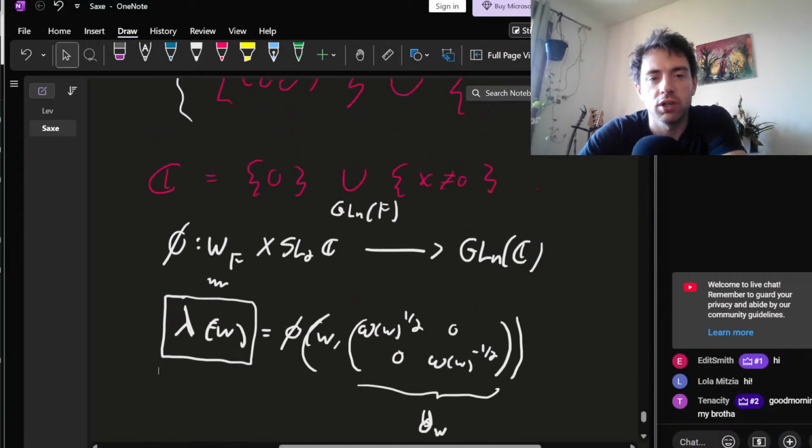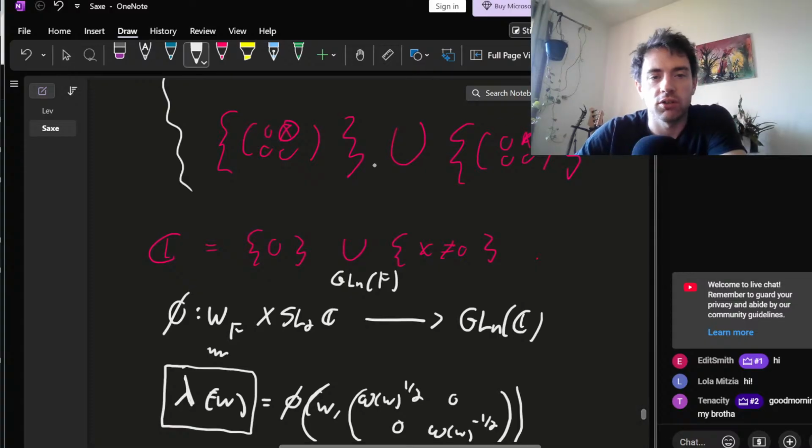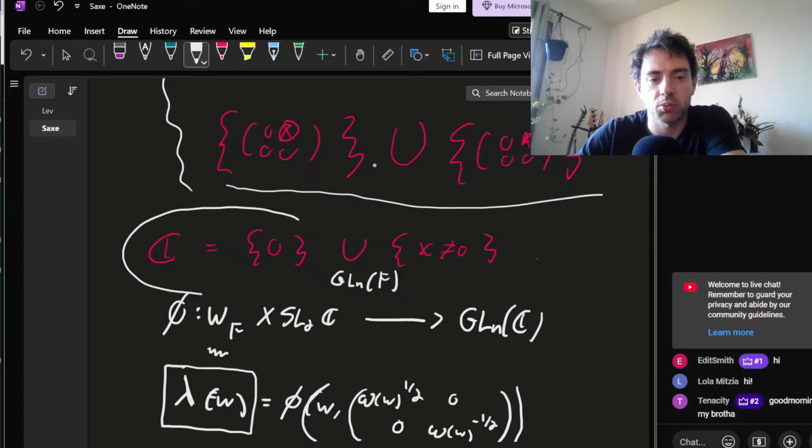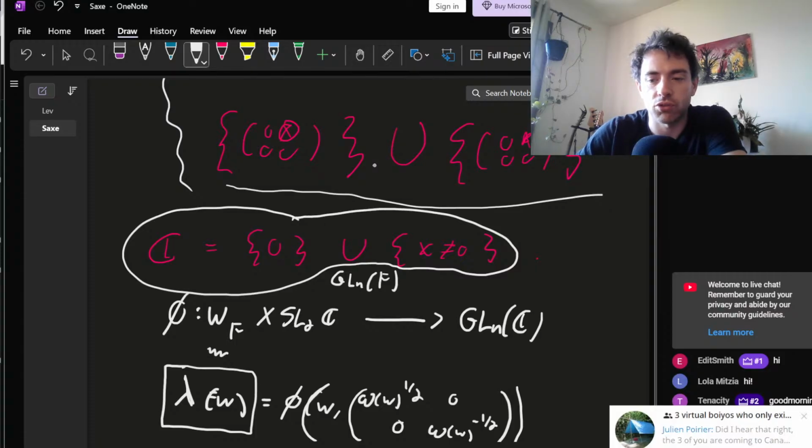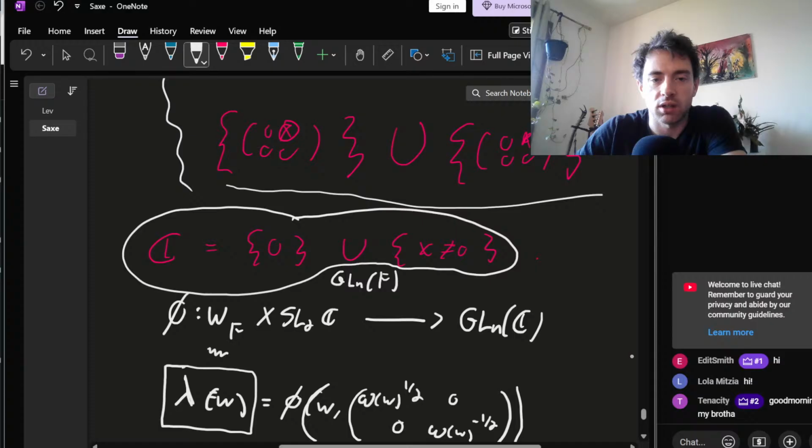And of course, the space we found has infinitely many points, but actually, if we just care about those Langlands parameters up to isomorphism, we could break the space into two pieces. So this represents one isomorphism class, and this represents another.